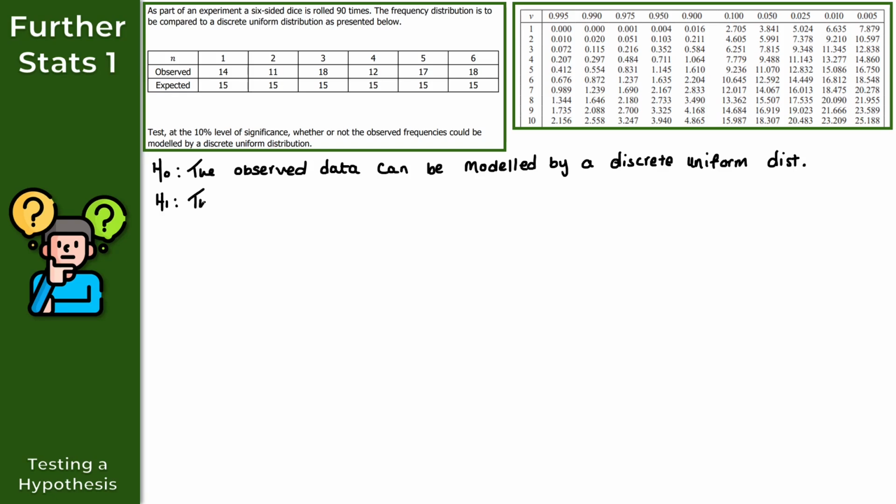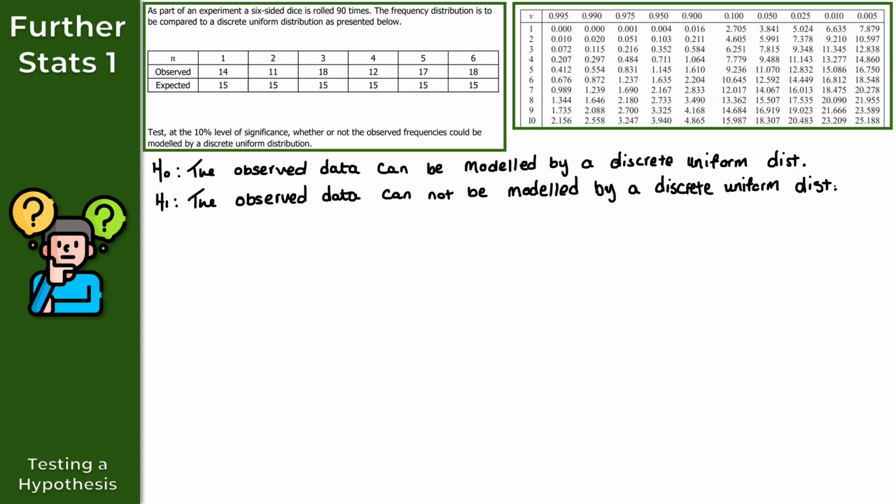So the observed data cannot be modelled by a discrete uniform distribution. And there we have it. That's a good start, just defining our hypotheses, so that's H0 and H1.